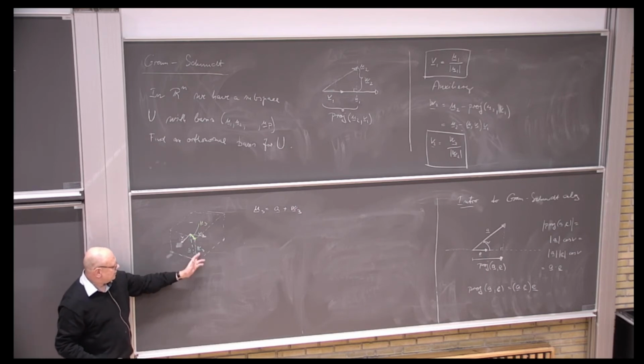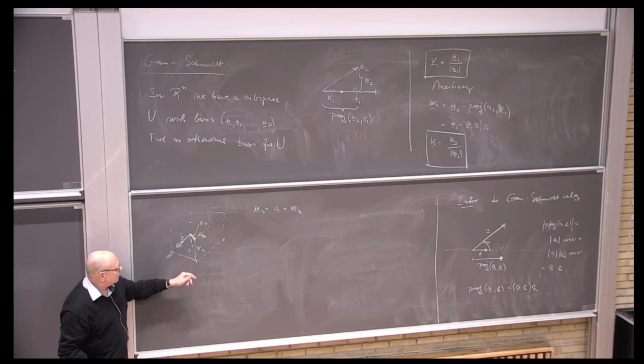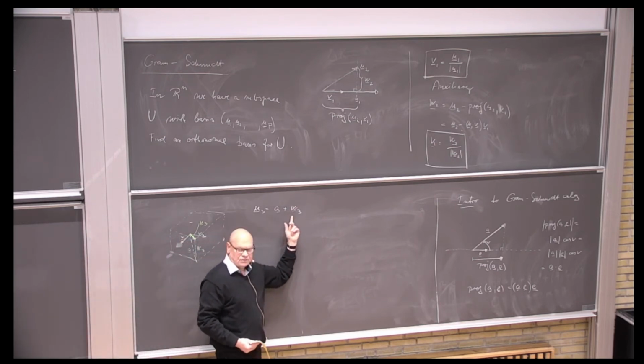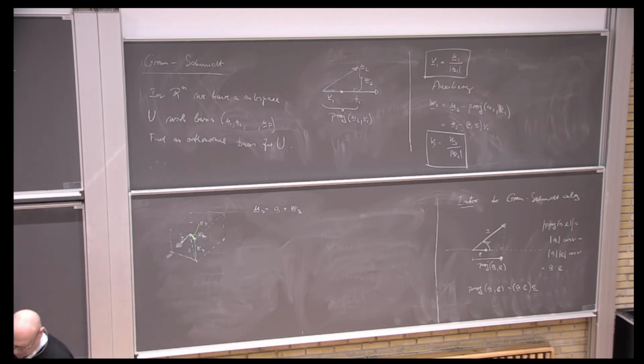And since W3 is perpendicular due to the construction, A is just the projection of U3 onto the V1, V2 plane. So W3 is perpendicular to these two vectors. Then I have the third vector in my orthogonal basis, and then I can norm it, and it will be my orthonormal basis.